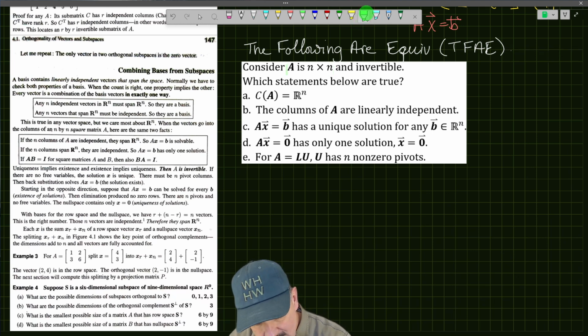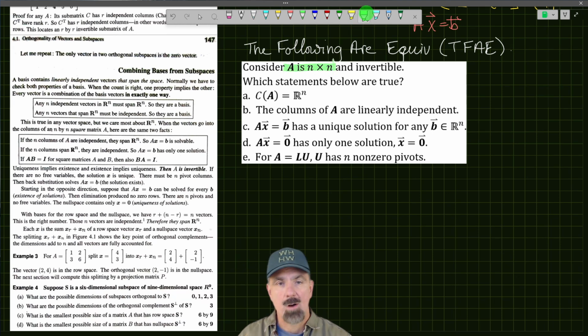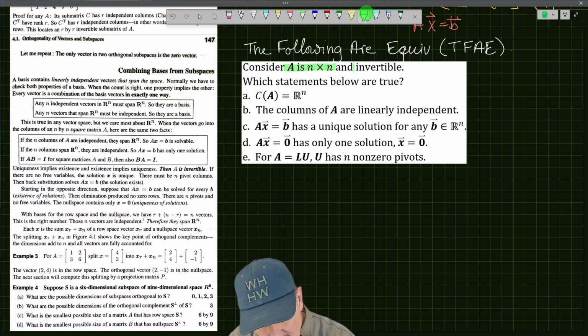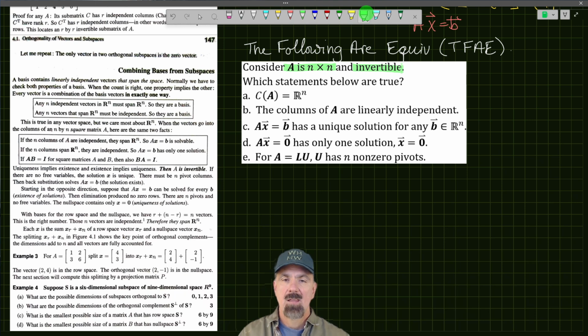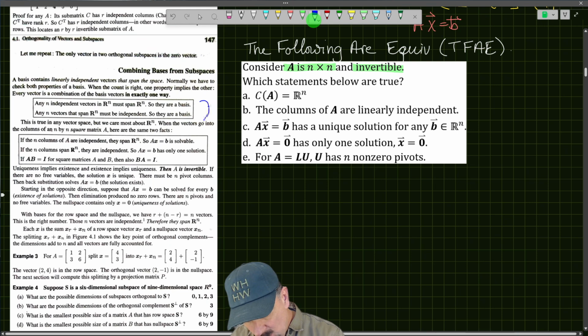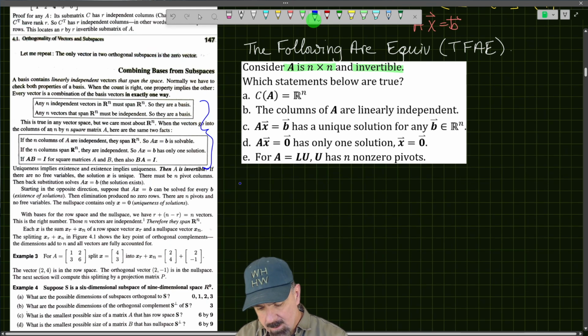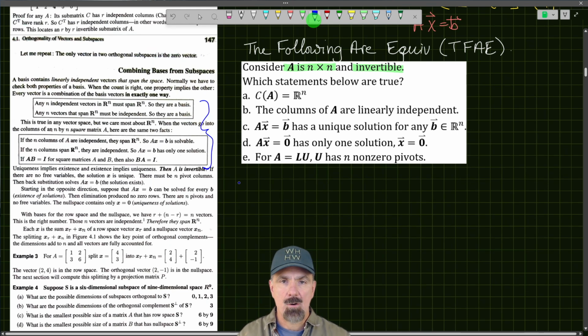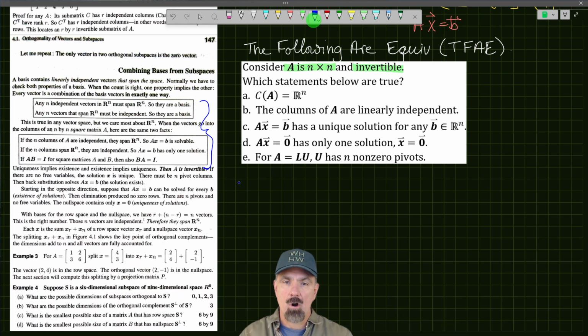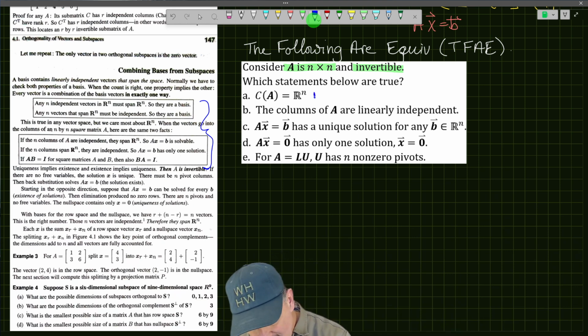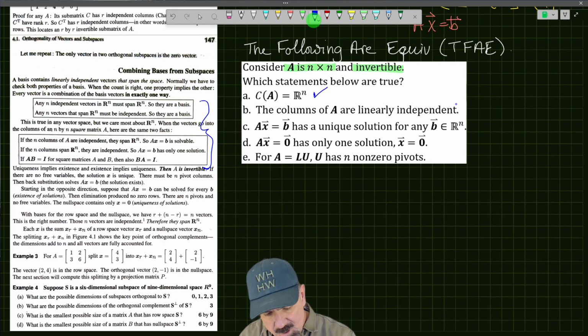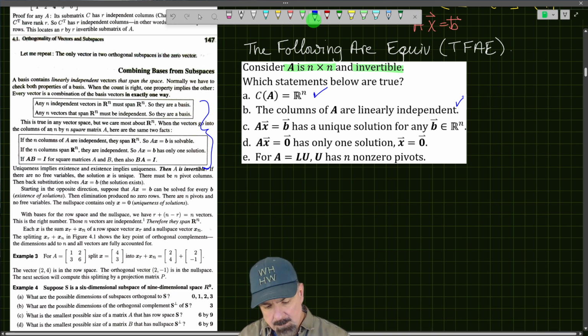So what is it? We're always talking about square matrices now. And if the square matrix is invertible, then all of the following things are true. And that's really what he's getting at with all of this conversation here. He's talking about the representation of the columns as a basis for Rn, which we have right here. The columns are linearly independent.